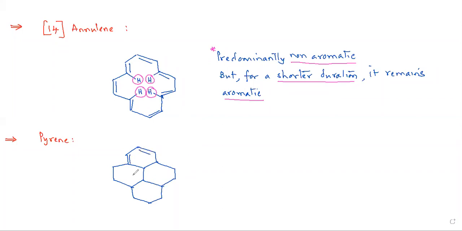Look at this. There is a pi bond at this position. Now, interesting is, see, there are 1, 2, 3, 6, 8. I mean, you got 16 pi electrons, right? Has a total of 16 pi electrons. Point number 1.